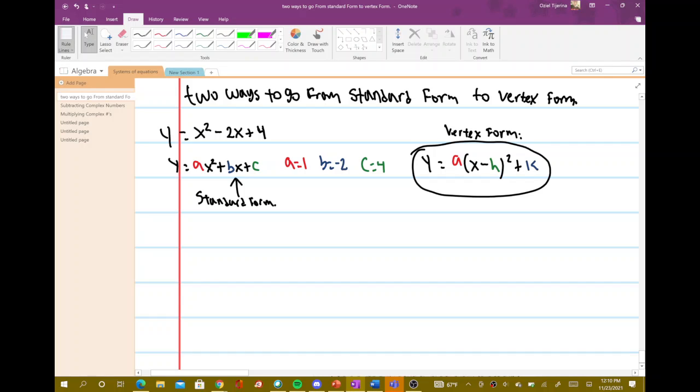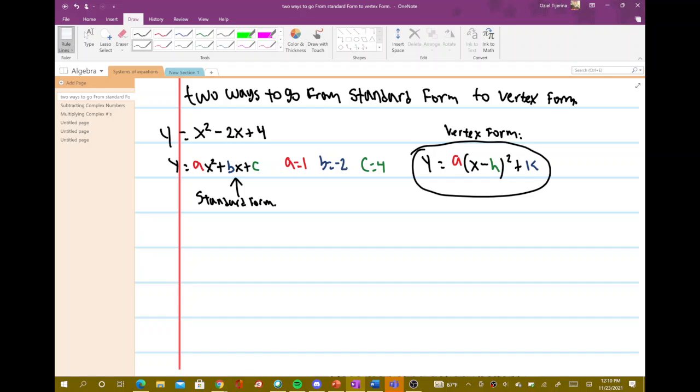Well, first of all, there are two ways. The first way is by finding your vertex using the axis of symmetry, plugging it in for x, and then just knowing what a equals.